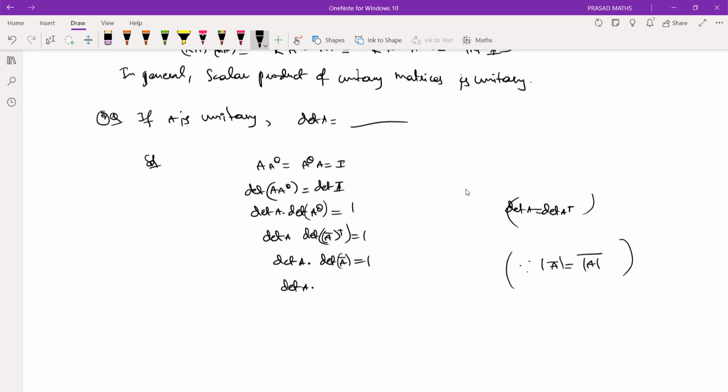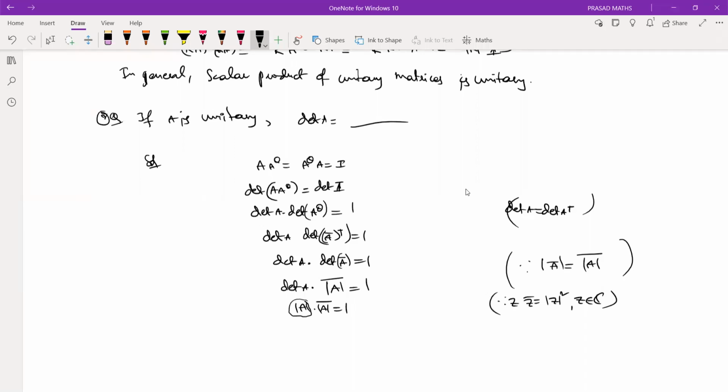That means det A into det A whole bar is nothing but 1. We know that z into z bar is equal to mod z square, whenever z is a complex number. Here, det is actually a scalar, and a scalar into the conjugate of itself is 1.